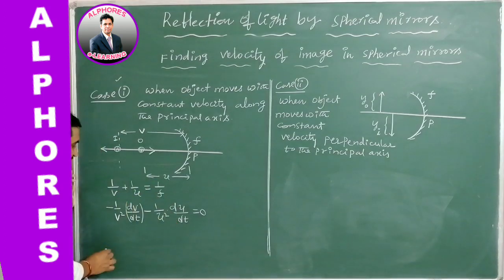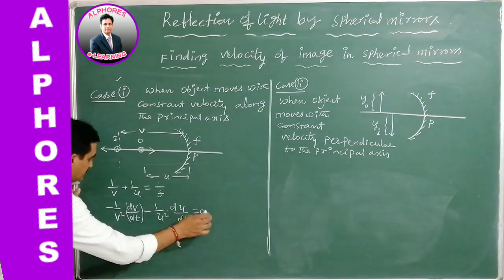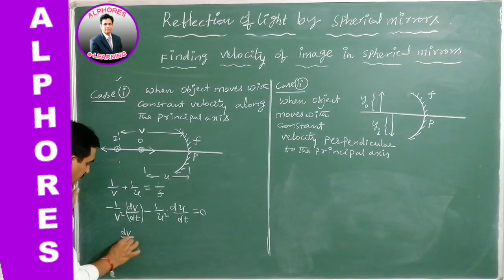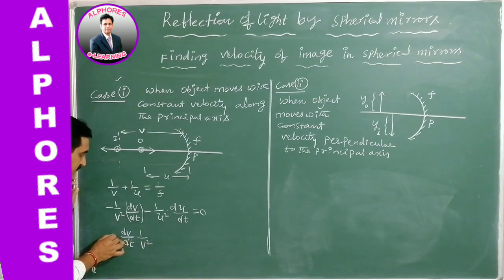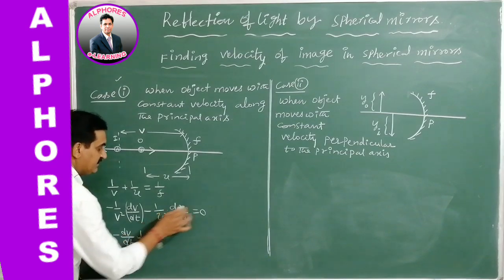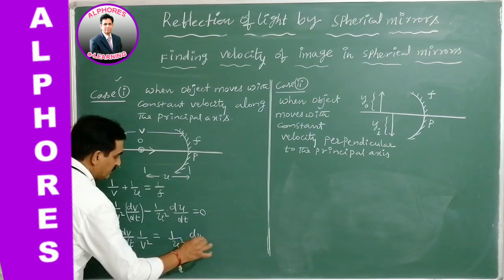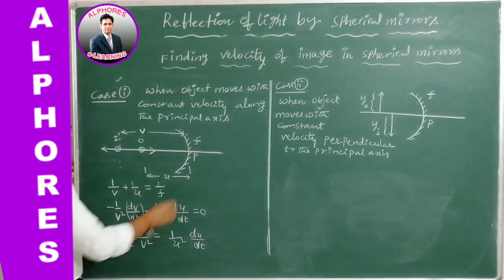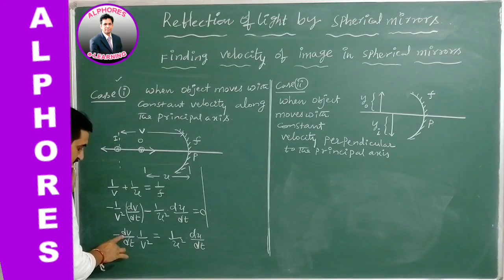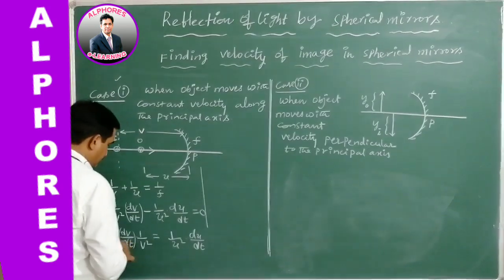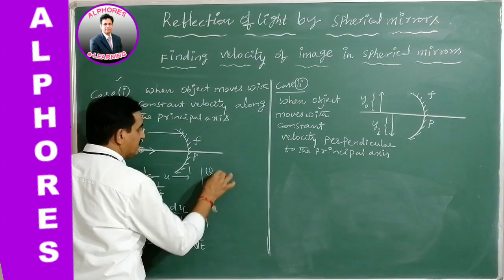This is the object velocity. Therefore, taking this side, minus dv by dt into 1 by v square is equal to 1 by u square du by dt, taking this term to this side. Now simply, this is the velocity of the image with respect to the mirror.